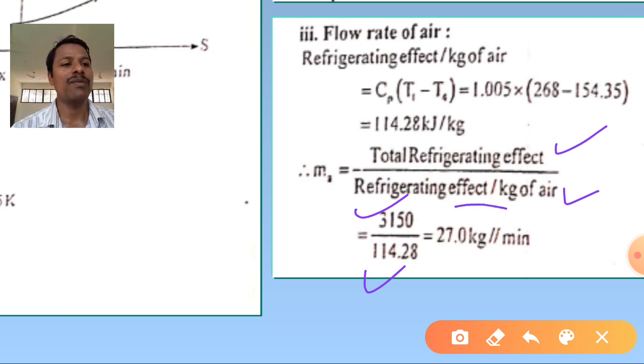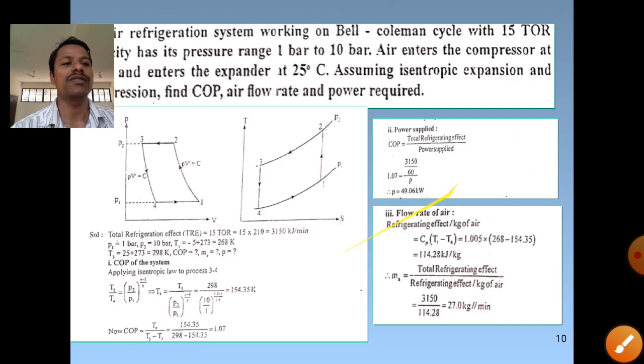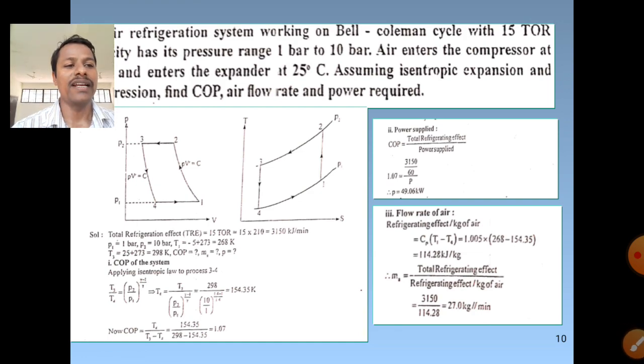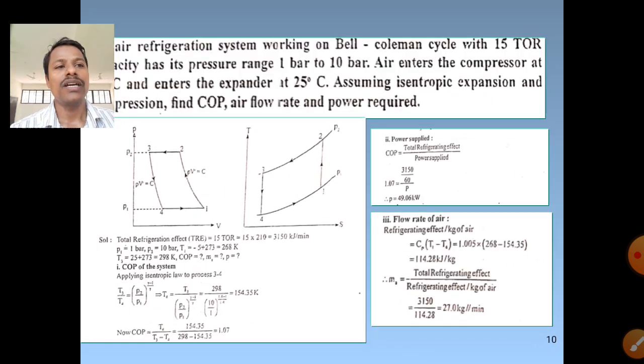Then finally, I can calculate the mass flow rate of air as 27 kg per minute in this cycle. This is the mass flow rate of air per minute. If I consider seconds, the value will change, and the kg per second value can also be calculated. So, this is the solution.